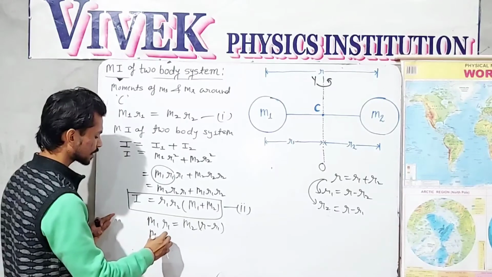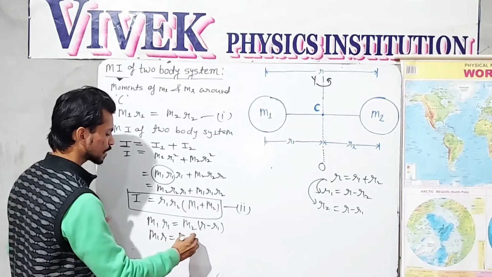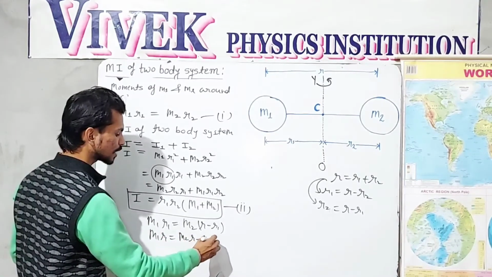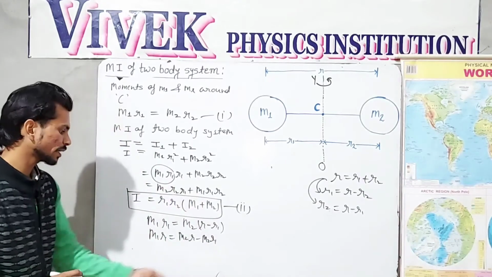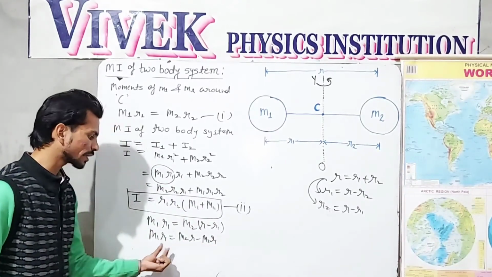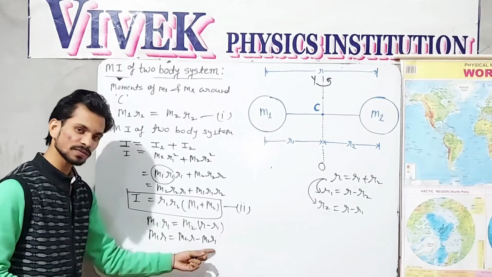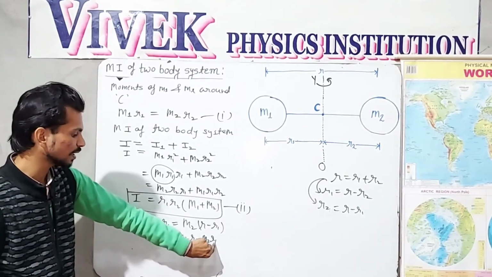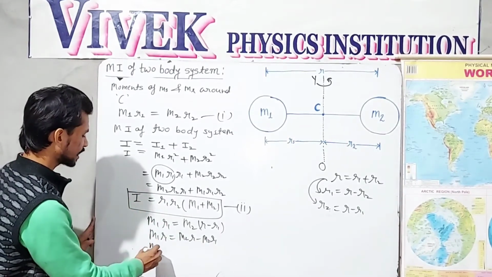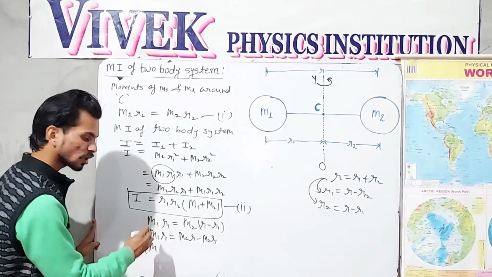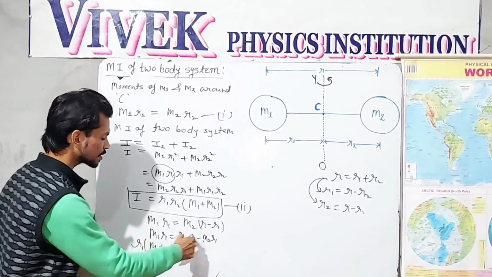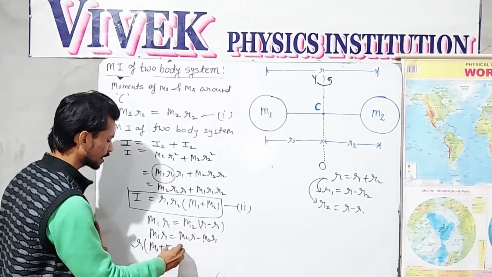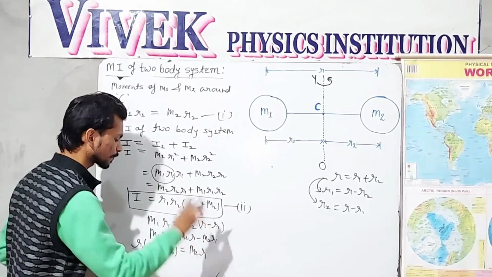This is m1 r1 equals m2 r minus m2 r1. Again, r1 is common in both these terms, so let's move this term from there to here. I will take r1 as common, and the rest is m1 plus m2 equals m2 r.